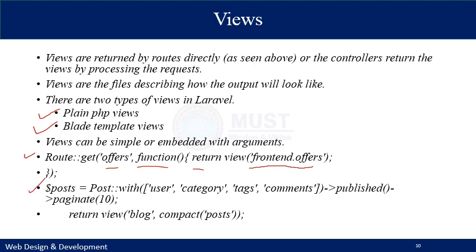Alternatively, if you see the next example, it is taken from a controller method, and it says that you have a variable post, and you get the post with the user, category, tags and comments, and you paginate it by 10, and you return the view, which contains the name of the view, and it contains some compact post which you access from the database.